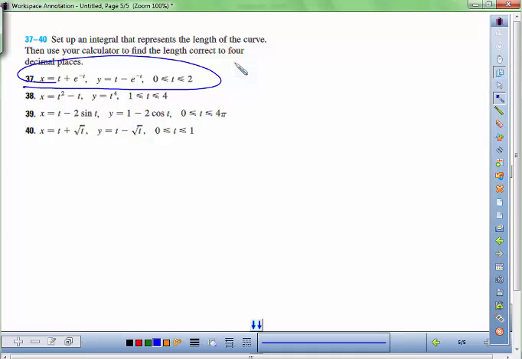So once you know the formula, it just becomes really easy, right? You just need x prime and y prime, put it in. So that's exactly what we're going to do. We need x prime of t, which is 1 plus e to the negative t times negative 1.